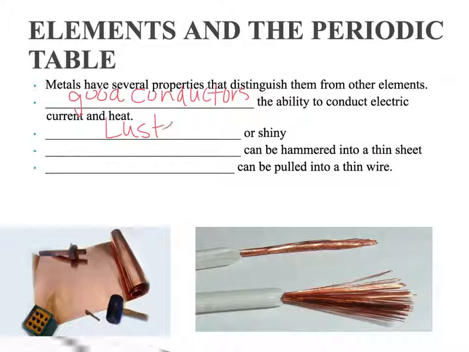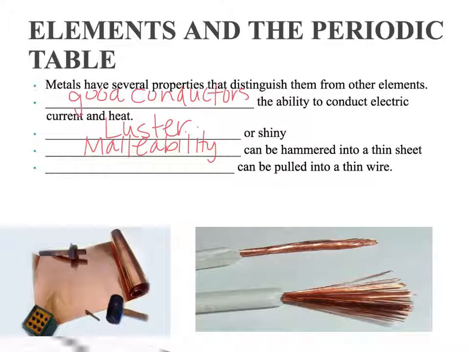If you see that word luster, it basically just means shiny. Metals also have the ability to be hammered into a thin sheet, and we call this malleability. I'm sure you've all seen aluminum foil that's so thin that you can tear it, and that's because it is a metal and it has the ability to be hammered into a thin sheet.